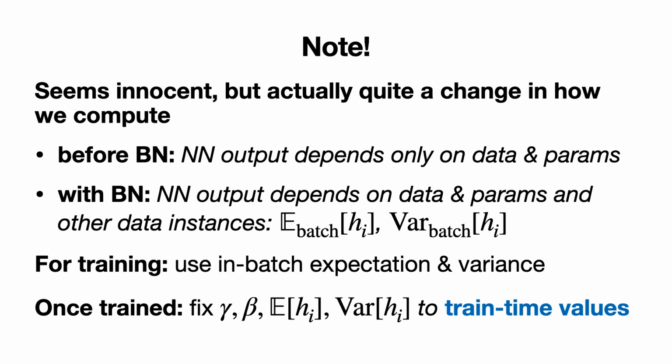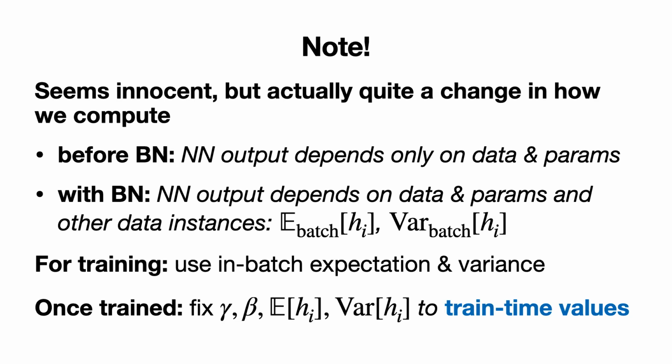For training, we use all the different examples that we have and learn what a good shift and scaling is going to be. Then, during training, we will have accumulated a lot of experience about what a good expectation value of these hidden nodes is going to be.